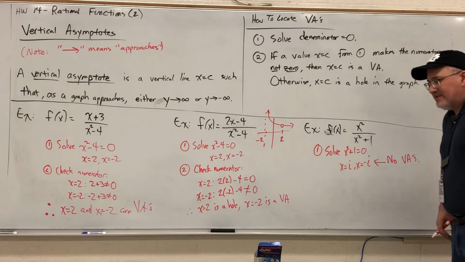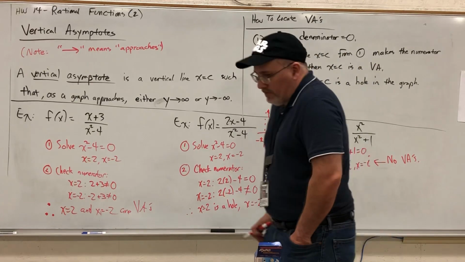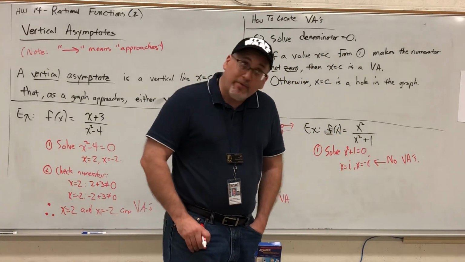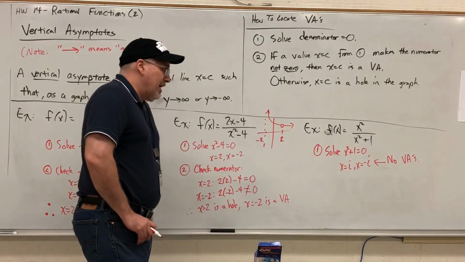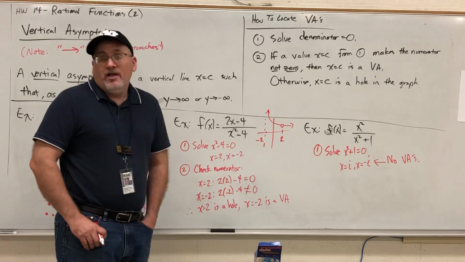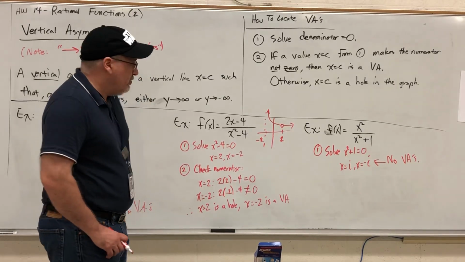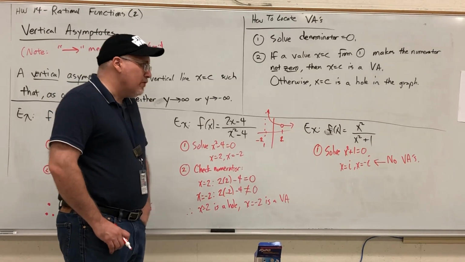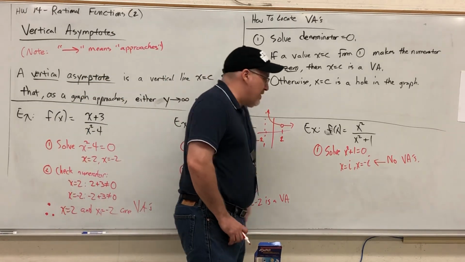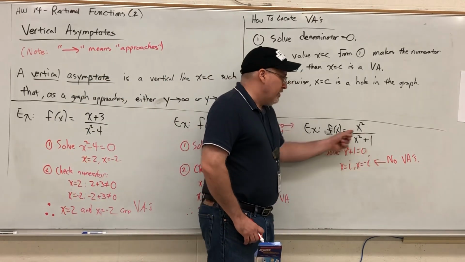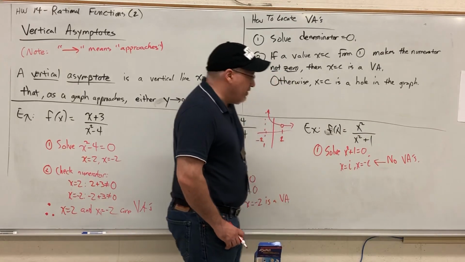Vertical asymptotes by default are real numbers, or their equations are x equals a real number. And so if you get x equals a complex number or an imaginary number, then it's not a vertical asymptote. So this function would actually have no vertical asymptotes, and if you think about it, it makes sense. There are no real numbers that would make the denominator equal to 0.